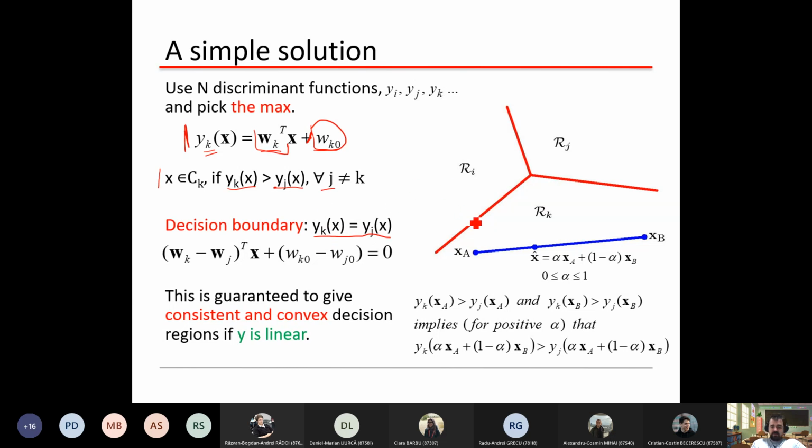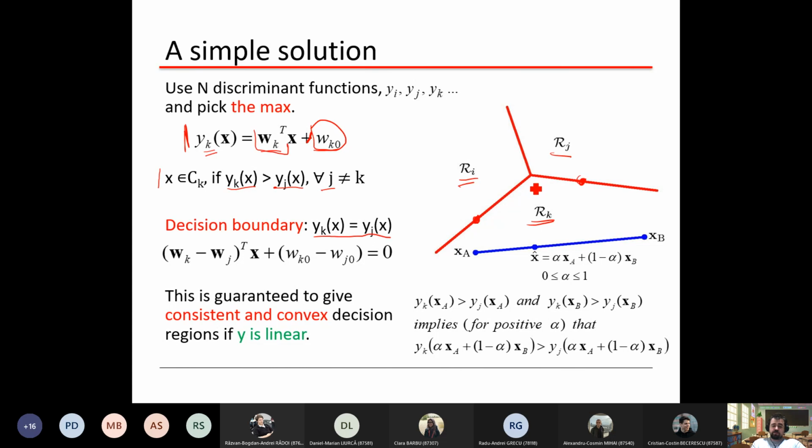So what's happening? For example, we have three different regions here. On the border, a point from here should have equal values for both Ri and Rk. A point from here should have equal values for Rk and Rj, and so on.